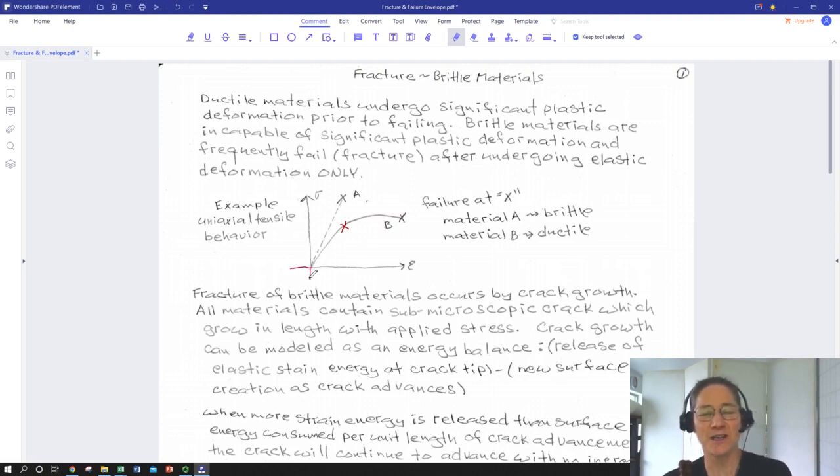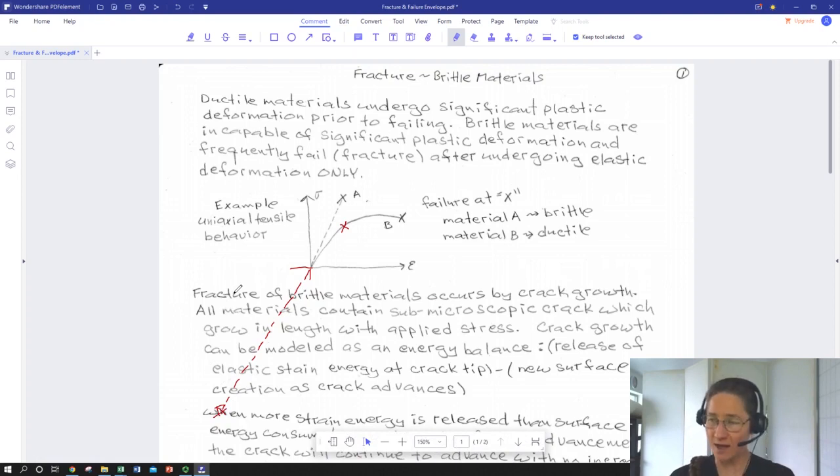We might look at going into compression, say, and we might establish a compressive fracture stress, which is probably going to be a lot further down. So generally speaking, the uniaxial compressive stress that corresponds to fracture of a brittle material is much higher than the same one that would be necessary to result in fracture if we were in tension.